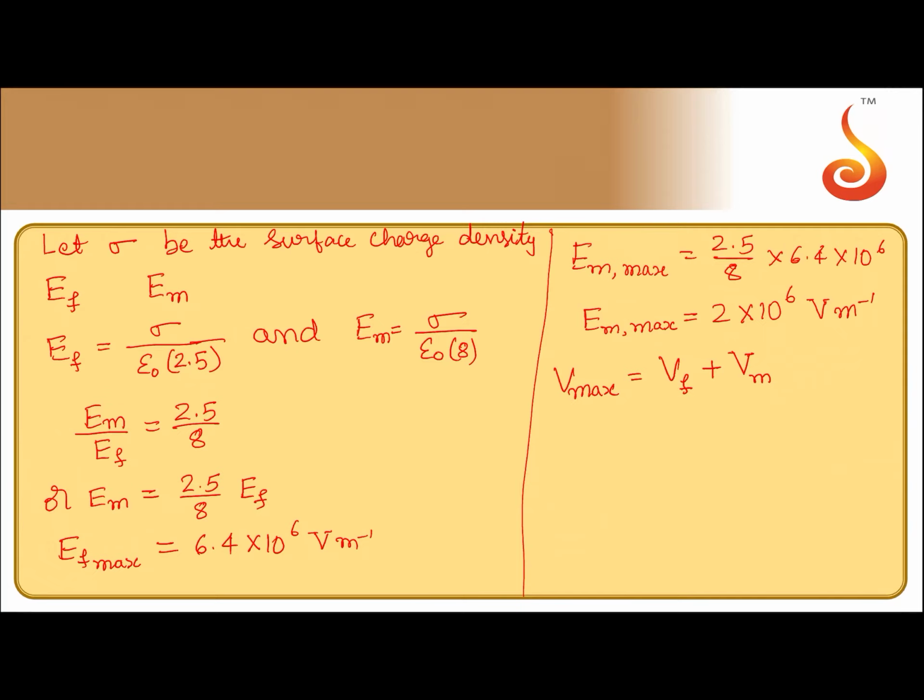The voltage inside fiber, with thickness 0.5 millimeter, should be 0.5 into 6.4 into 10 power 6, and since this is in millimeters, into 10 power minus 3, plus the voltage across mica, whose thickness is 1 millimeter, times 2 into 10 to the power 6.